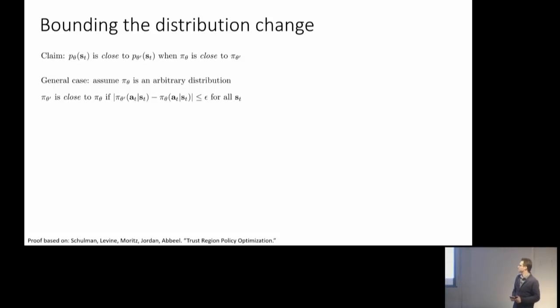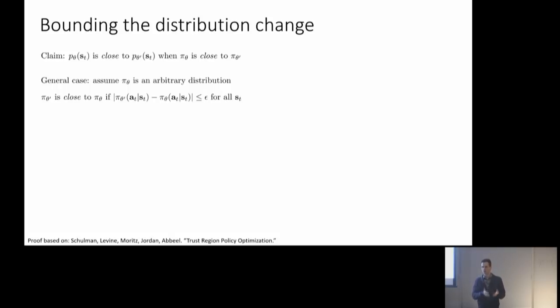Now, is it really that simple? Well, it turns out that if we have this bound, we can still bound the probability that pi theta prime makes a mistake. You can ask, what does it mean to make a mistake when we're trying to match a stochastic policy? The intuition here is the following. Let's say that you implement this in a computer. In a computer, you don't have true random numbers, you have pseudo-random numbers. They're generated from a seed.